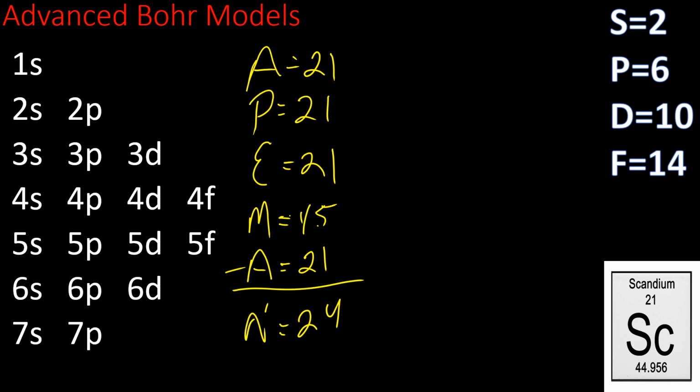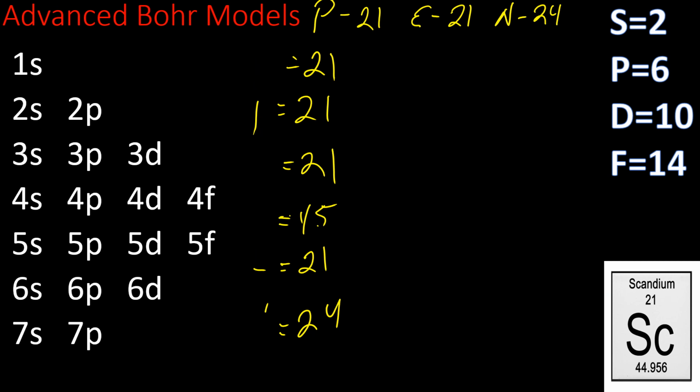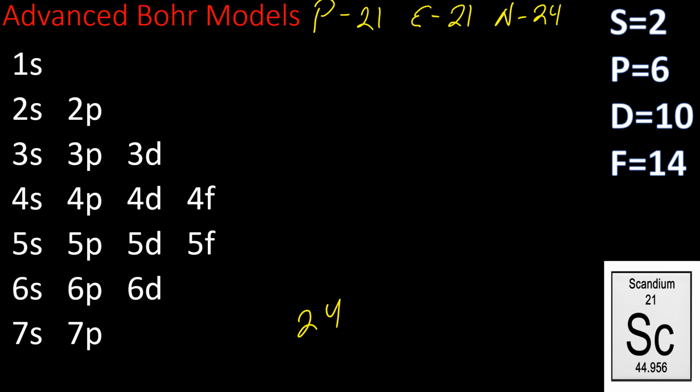Now we have an idea of what it's going to look like. So I'm going to do P, my protons, 21, E, 21, N, my neutrons, 24. And I can go ahead and erase all this. I don't need it anymore. On the periodic table, you'll see that scandium is in the fourth period.